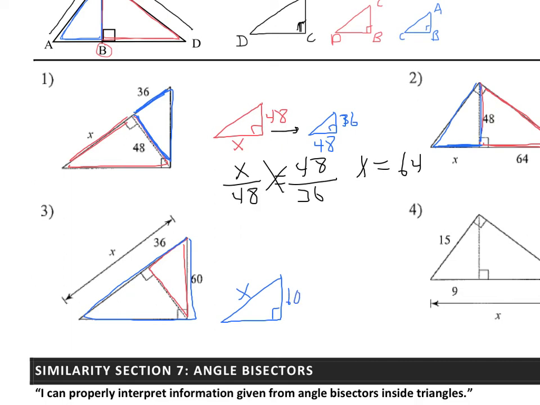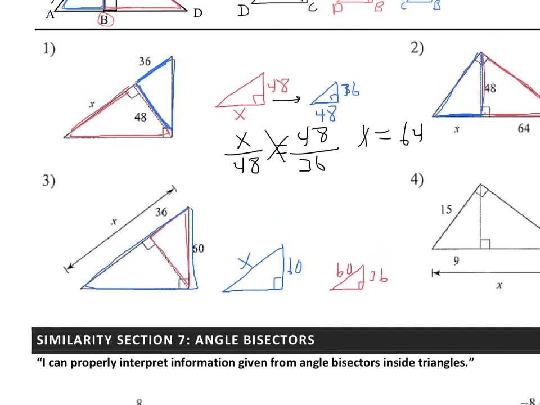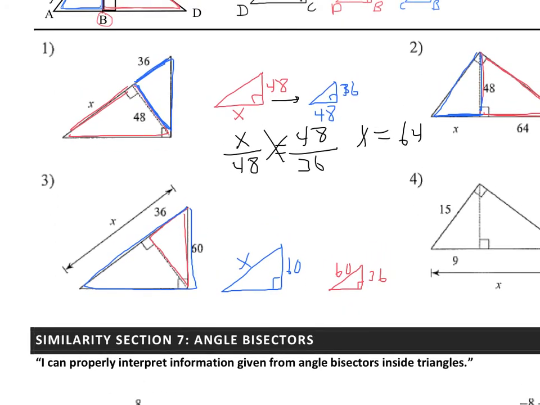The smaller triangle, if I draw that one out, I see the hypotenuse is 60 and the short leg is 36. So again, we can write a proportion. If I go left to right, I will go X over 60 equals 60 over 36. Cross multiply that, and X will equal 100.